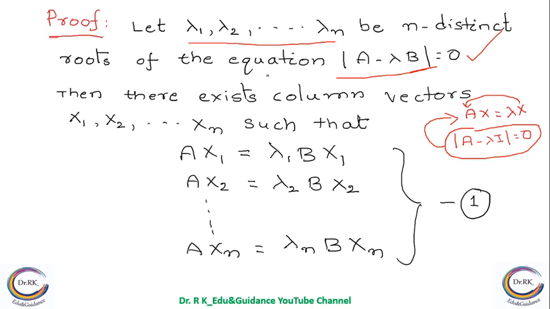Then immediately we'll have corresponding column vectors x1, x2, so on xn, such that Ax1 equal to lambda 1 Bx1, Ax2 equal to lambda 2 Bx2, Axn equal to lambda n Bxn.